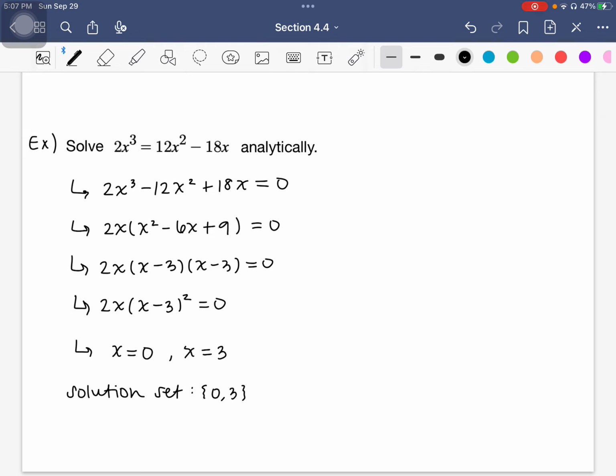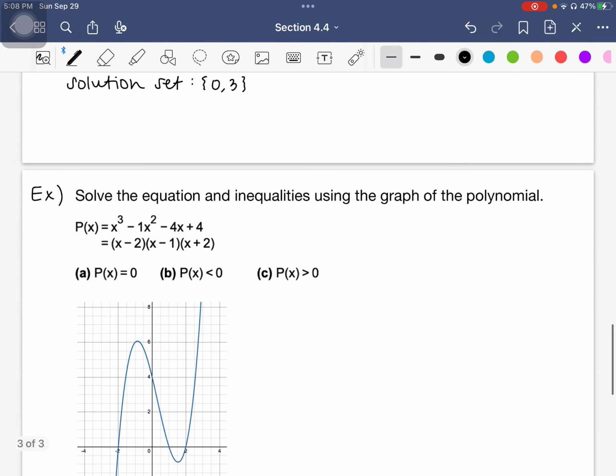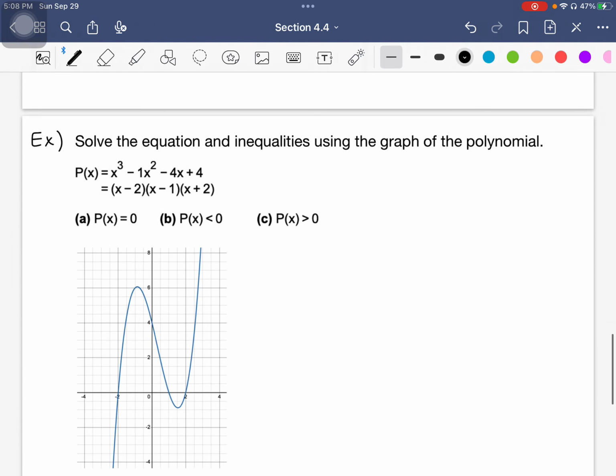All right, and the very last example we're going to look at is this one here. You'll see several like this on your homework, but we want to solve the equation and the inequalities using the graph of this polynomial. So we're given this polynomial, and what we're going to want to do is graph it. The graph of this is on the left here.